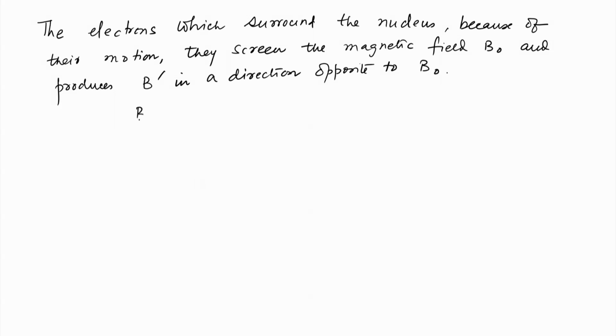So, B prime is equal to sigma B 0, where sigma basically denotes the screening for each chemically different nuclei.